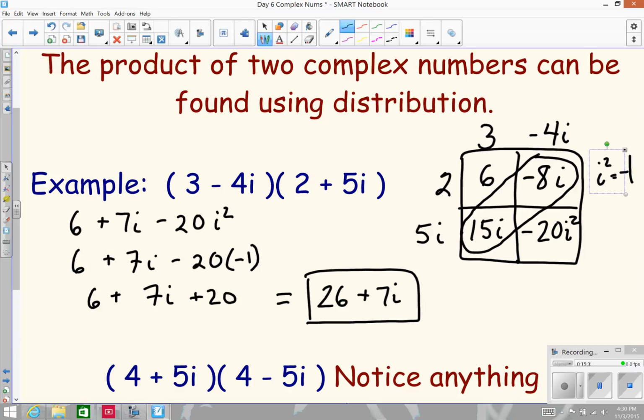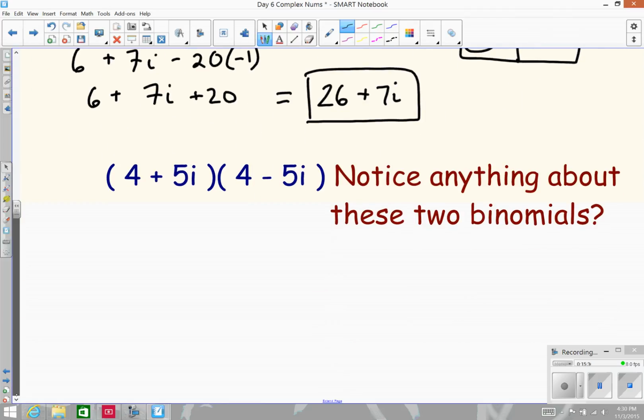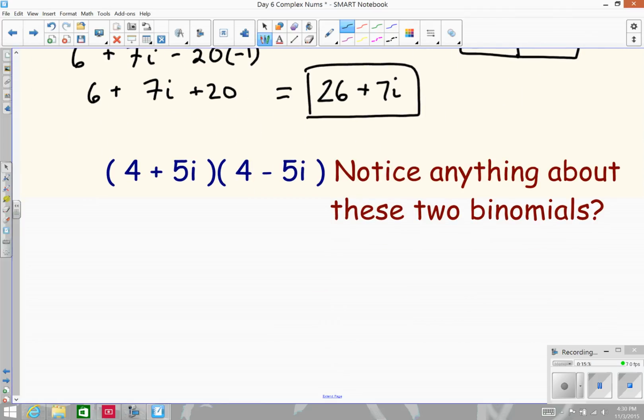All right, let's take a look at the next example. This time I've got 4 plus 5i being multiplied by 4 minus 5i. Hopefully you're going to notice something about these two binomials. Hopefully somebody's saying, oh yes, that is a product of two conjugates.